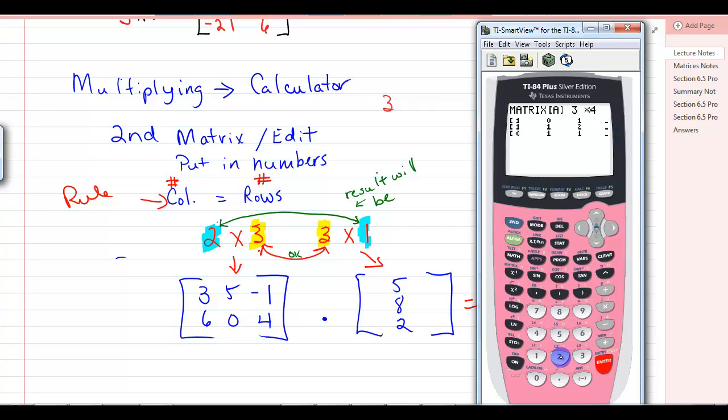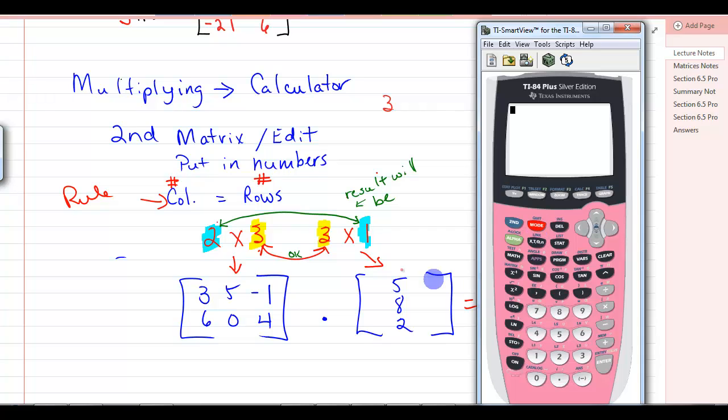So I'm going to put a 2 by 3, 2, enter, 3, enter. All right, it gives me a 2 by 3. I can just type over these numbers. So I've got 3, 5, -1, and it pops down. So 6, 0, 4. All right, and once you've got it, second, quit.